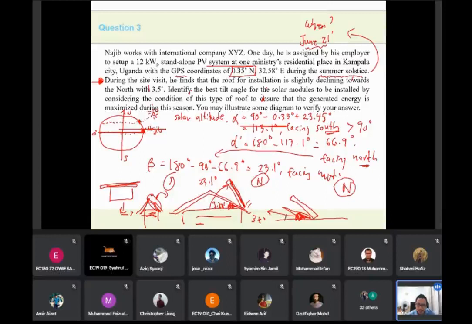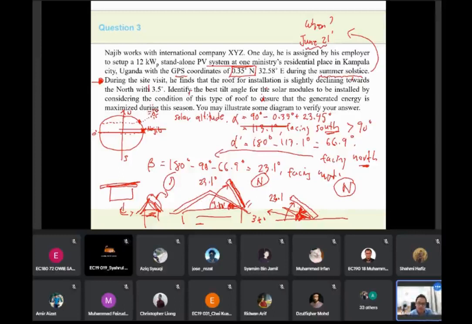Total T angle is 23.1. But we need to identify the best T angle lunar solar to be installed on that roof. So ini tengah ni. Sebab it help us already with the origin angle, but we install on the roof. Okay.